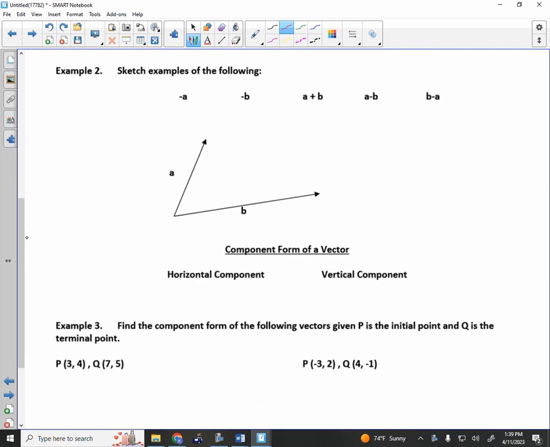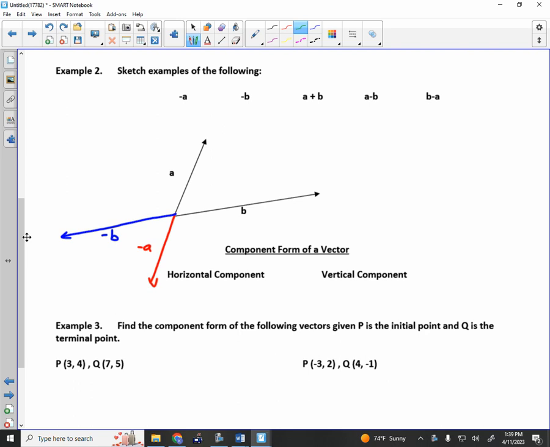I'm first going to show negative A, and if that's A, then that would be negative A. If this is B, then I have negative B. So what I want to now show is A plus B. If you think about this vector, and we're going to add that vector to it, what would it look like?